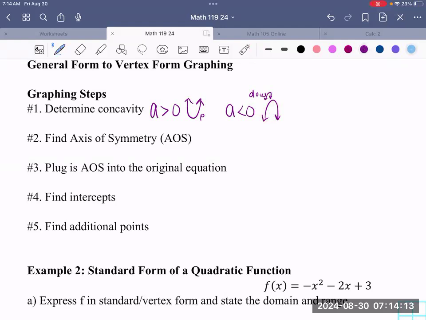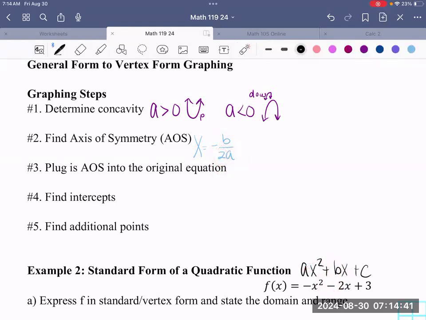Second, find the axis of symmetry. So that has your x is equal to -b over 2a. That's the little formula that we get to use because it's that symmetrical line. Now the b and the a are just coming from your format of a quadratic, ax squared plus bx plus c. So b being this linear term and a being that first a over here.